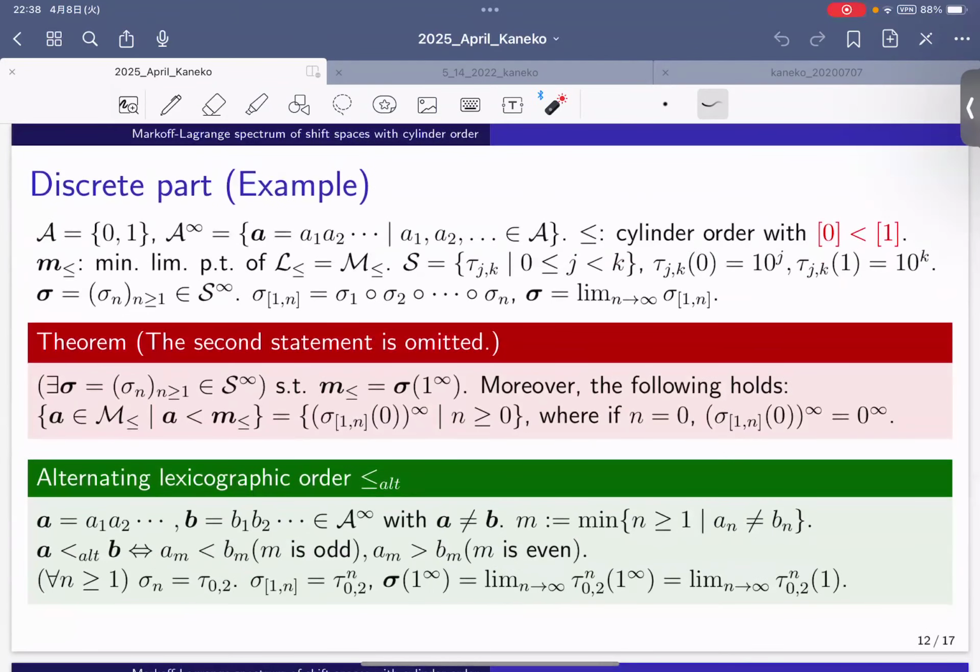We consider the case where this cylinder order is the alternating lexicographical order.